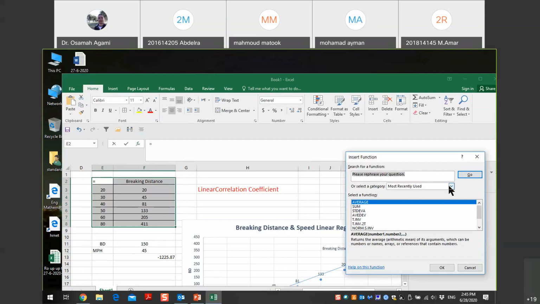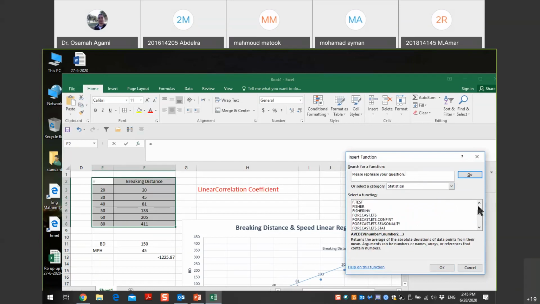Yes, because it's not in statistics. So I have to go for statistics. If I go for statistics, it is sorted alphabetically.